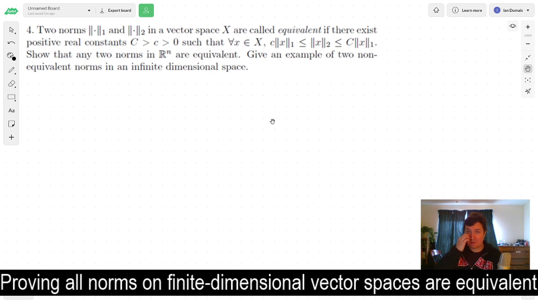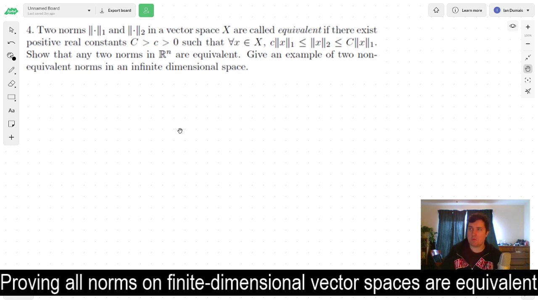So let me read through the problem, and if you don't know any analysis, it probably will not make a lot of sense, but I'll try to give some background before we really get into it. So the problem states two norms, which we'll call norm 1 and norm 2, and these symbols are the symbols for norm. The dot just means we could put vectors in there, and we take the norm of the vector.